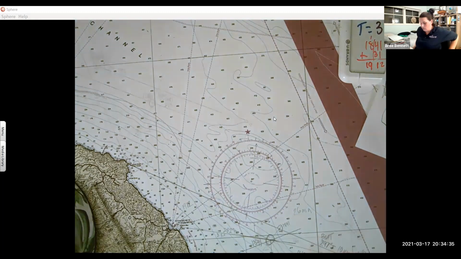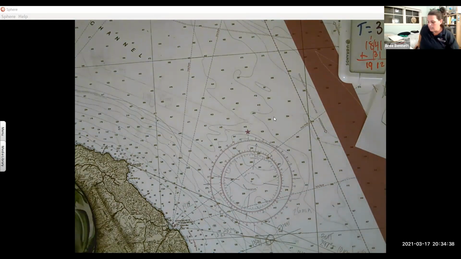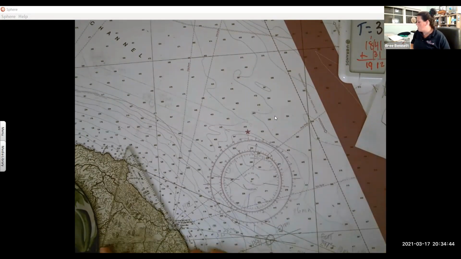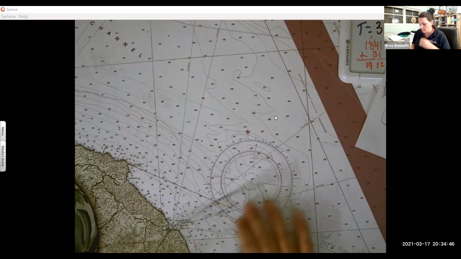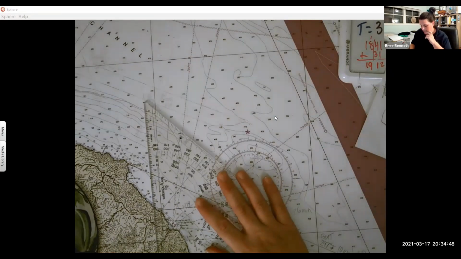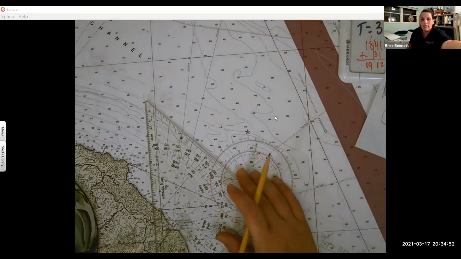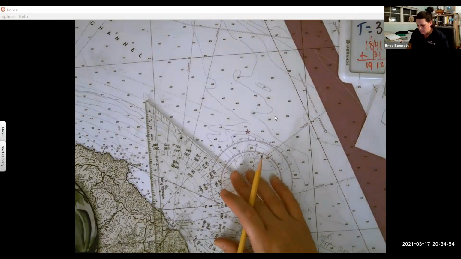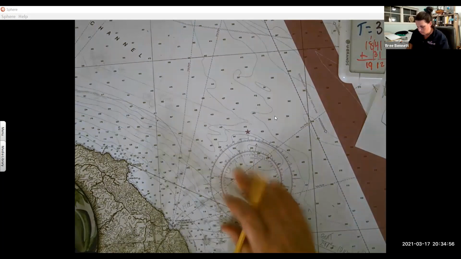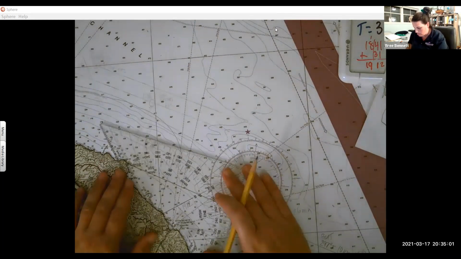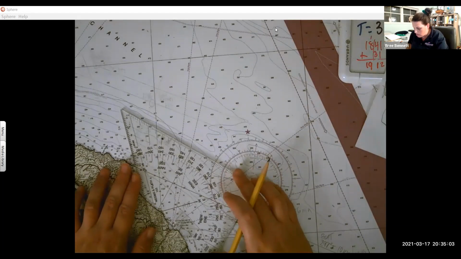On day 2, we leave Avalon and we are on course of 347. So I'm just going to plot a course 347 from Avalon. Okay. Is this going to work?